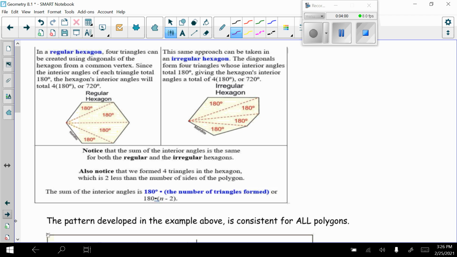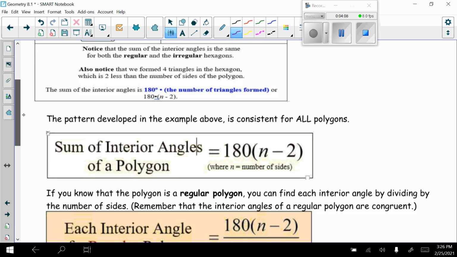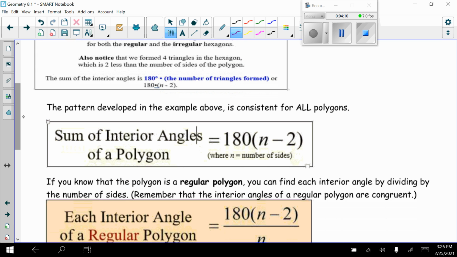Therefore, we can come up with a formula. The sum of the interior angles is always 180 times n minus 2, where n is the number of sides. So that's what this great big one is. We need to know this formula. Sum of the interior angles of any polygon is n minus 2 times 180 degrees.